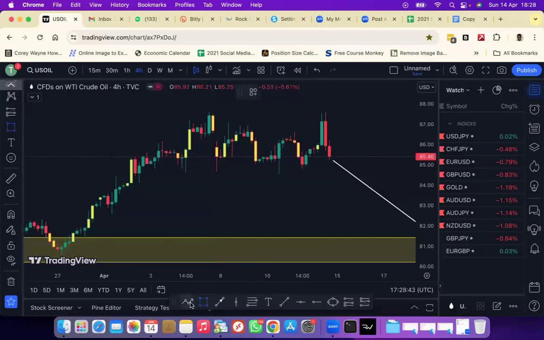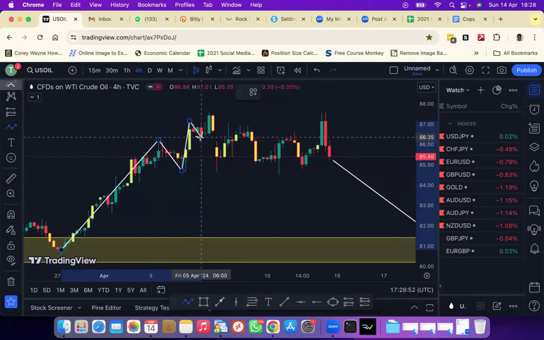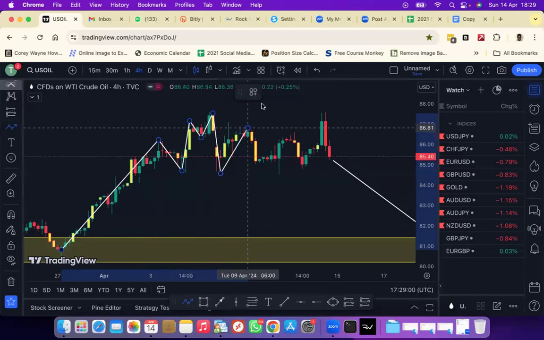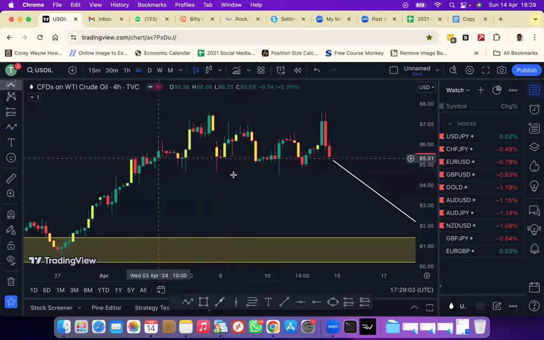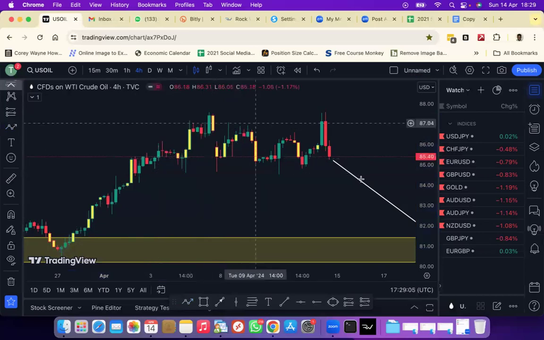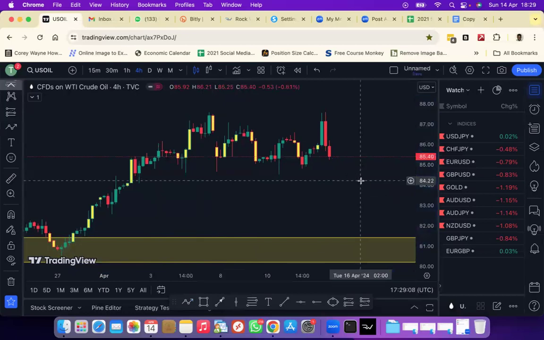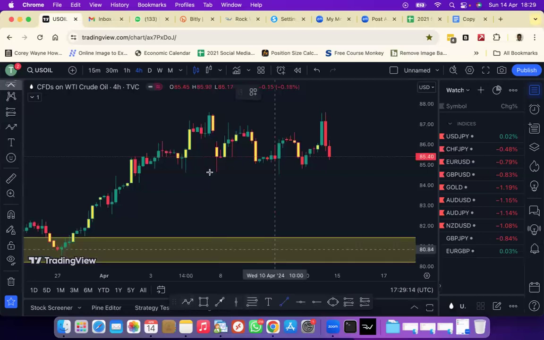Let us draw this structure together just to be sure what's going on. So we have something like this, okay, we have this. So you have this break like so. Right now, price is currently giving us somewhat of a consolidation. I'll classify this as consolidation. It's giving us a sideways move.